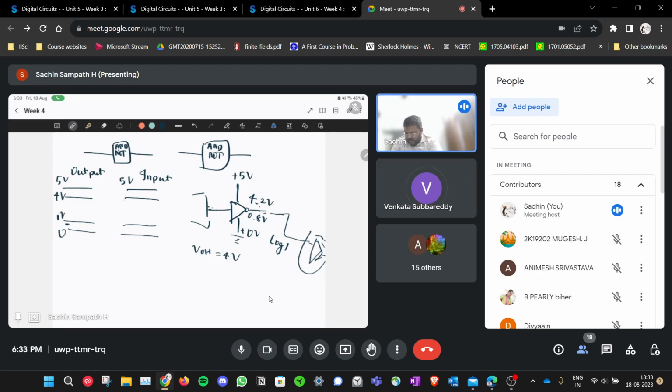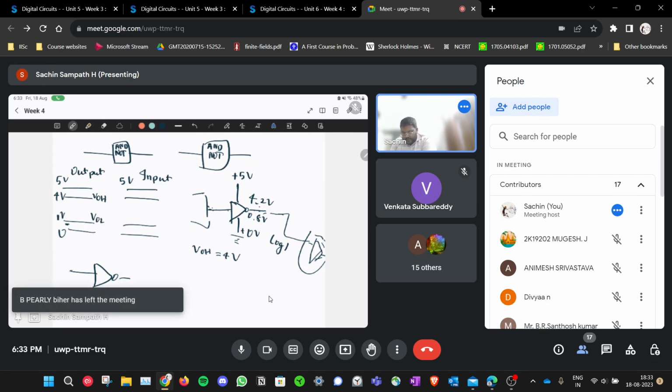That is with respect to the output. Next, for input also, we have threshold values. This is VOH, this is VOL. What threshold values do you have? Let's say this is at 3 volts.